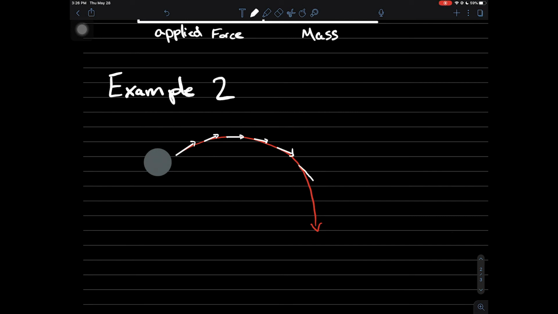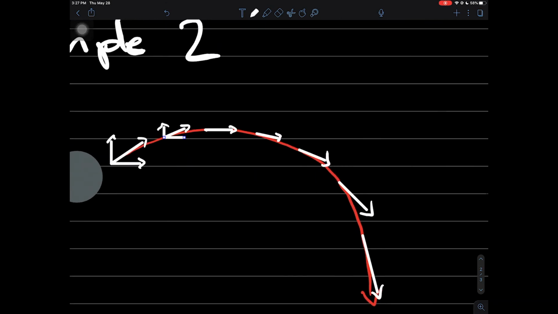Now, as we resolve each of these vectors into the horizontal and vertical components, we can see that they are slowly changing from positive to negative. Okay, so gravity and air resistance are two external forces here that are acting consistently on this system.